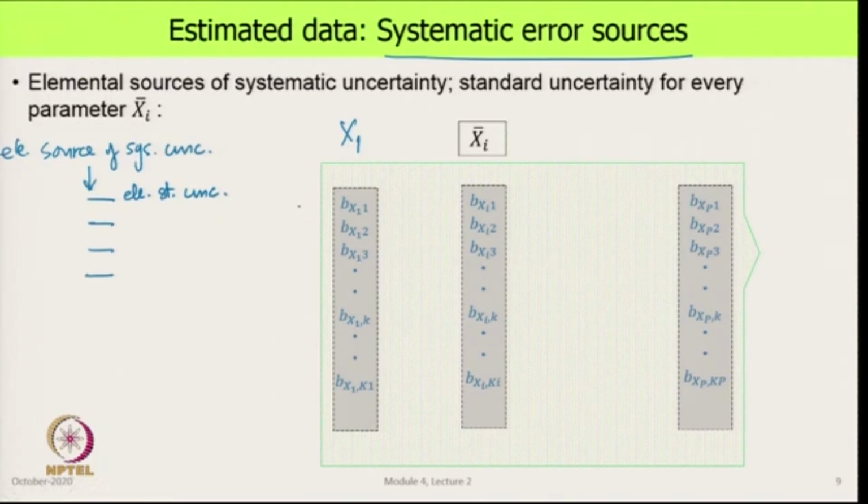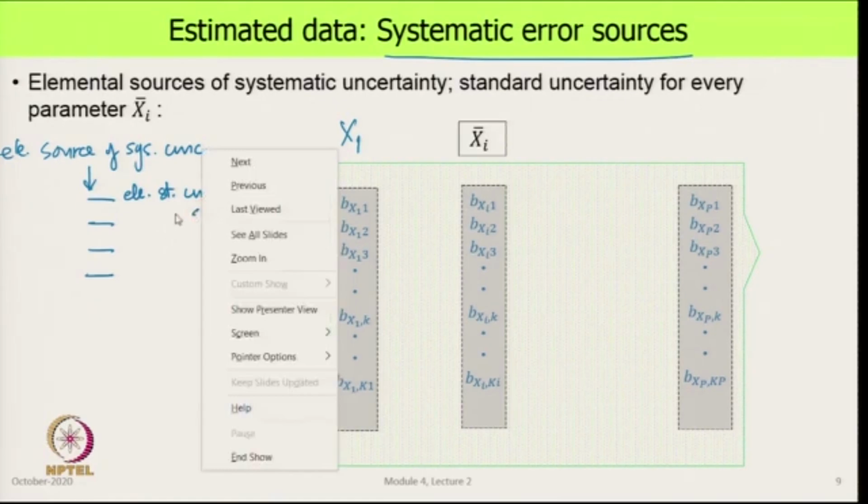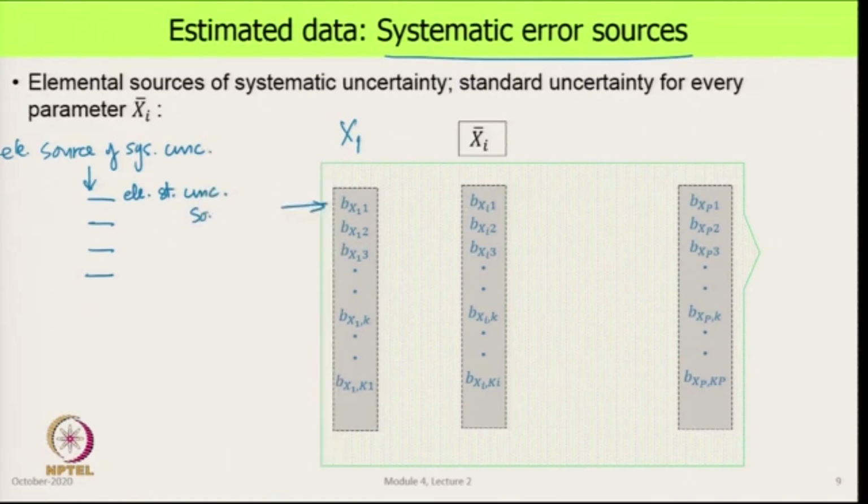And this we list out here as Bx1 from cause number 1. So, this is error source number 1, this is from source number 2 in x1, this is from source number 3 again in x1, and so we write these values.